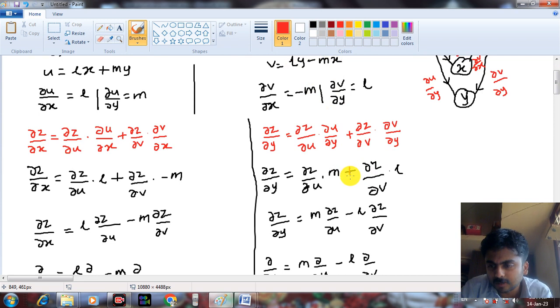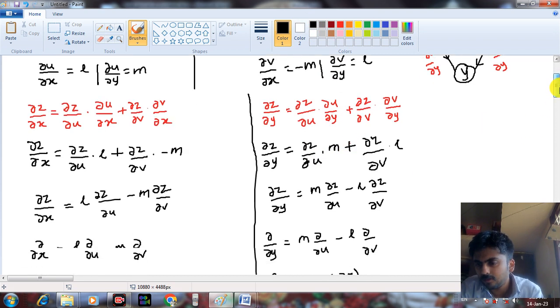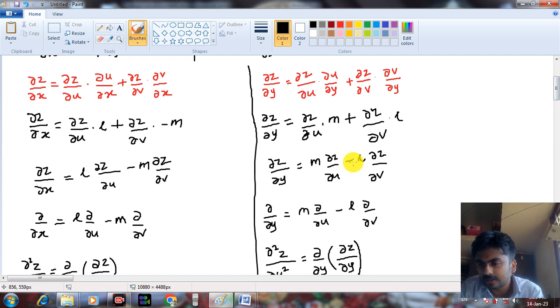Since the formula is plus here, we can now get 0, and we can get everything as plus.